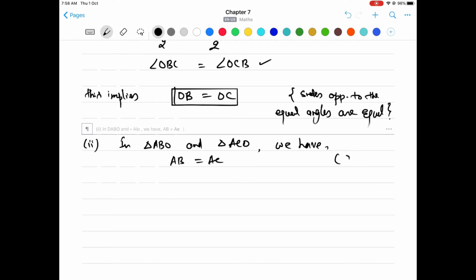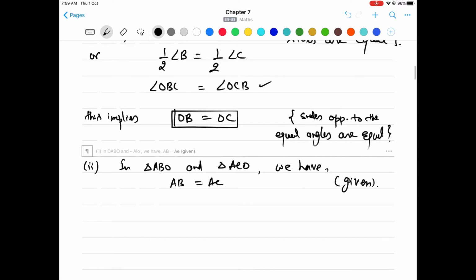Okay, this is given. So if these sides are equal, then their opposite angle B will be equal to angle C.